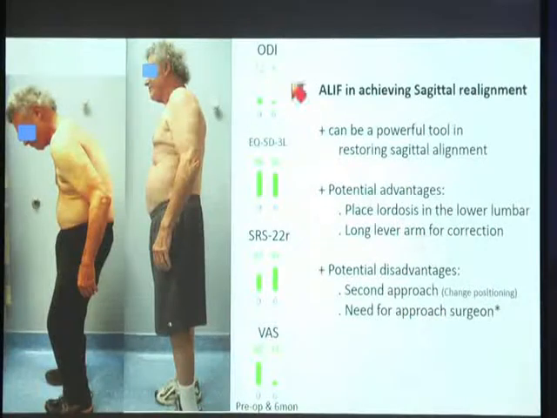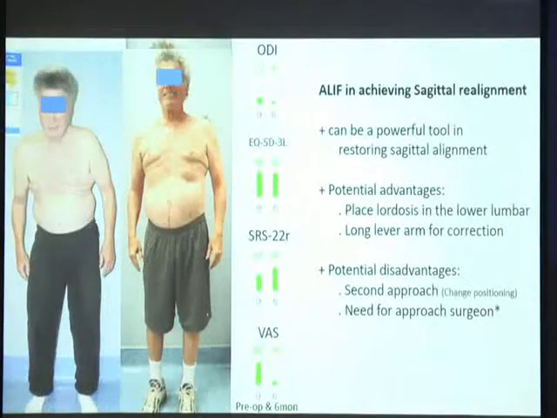So in conclusion, ALIF can be a powerful tool in restoring sagittal alignment, with potential advantages including placing the lordosis in the lower lumbar spine and a long lever arm for correction. And obviously there are potential disadvantages.